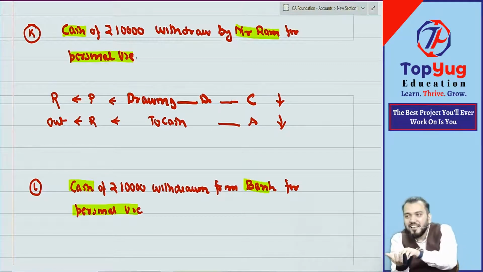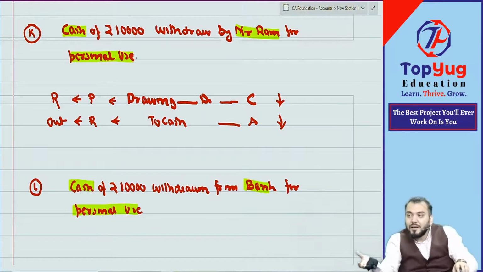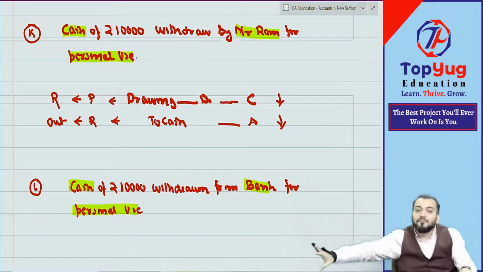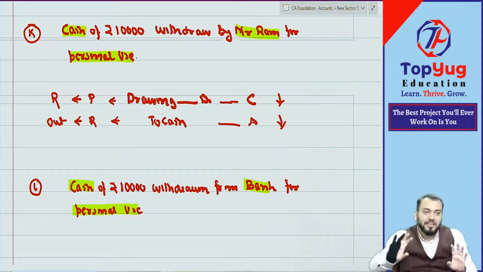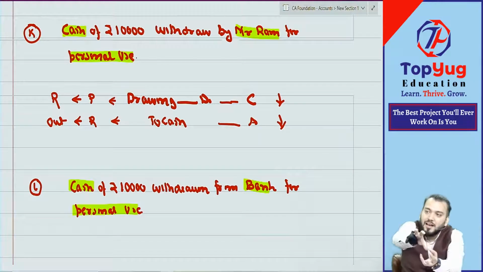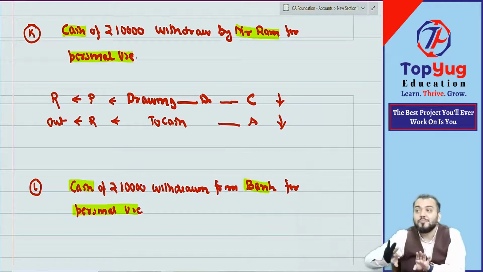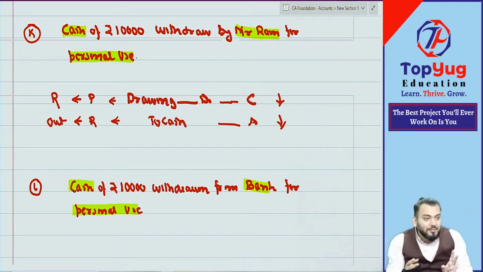So some cash is collected, but that cash is not coming into the business. The cash is taken by Ram for personal purpose. Ram went to the business bank account and demanded cash, but this cash is not coming to the business. This is taken by Ram for personal use. Are you getting what I am saying?